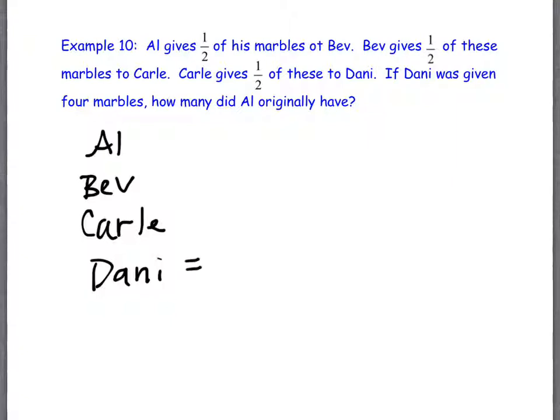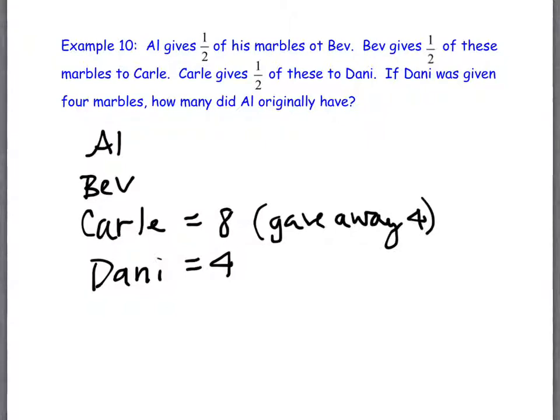Danny, in the end, had 4. He got those 4 from Carl. So how many did Carl originally have? 8. But then he gave away 4, right? Just keep that in mind. So Carl doesn't really have 8 any longer, does he? So if the question actually asked you, how many does Carl now have? The answer would not be 8, correct? It'd be 4.